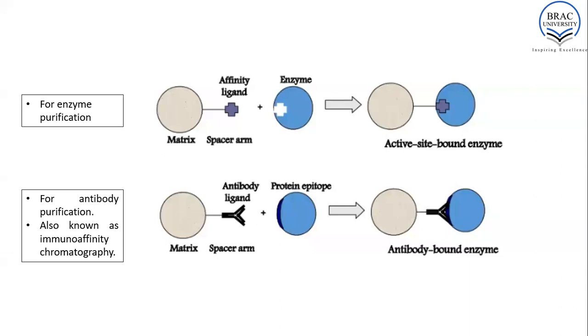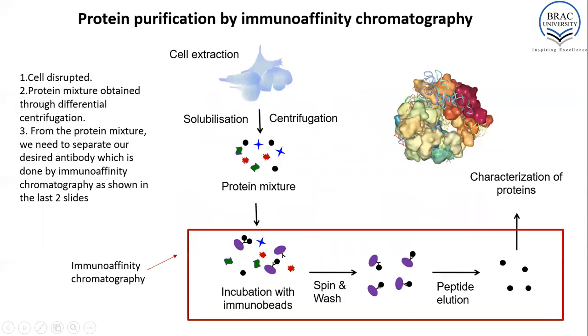This is a demonstration of affinity chromatography: the matrix, and this is a spacer arm with the affinity ligand. It is specifically shown for an enzyme, where the enzyme is attached to the affinity ligand and then separated out. For an antibody, an antibody ligand is used in the spacer arm, and it is attached to the antibody-bound enzyme. Next, protein purification by immunoaffinity chromatography.